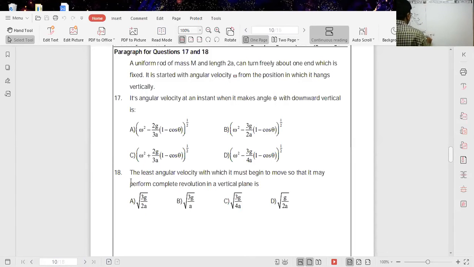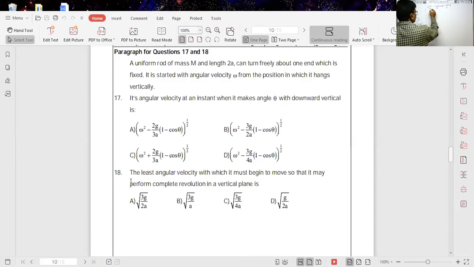So now you see here, ml square omega square by 6 minus mg L by 2 into 1 minus cos theta is equal to ml square by 6 into omega f square. Here m can be cancelled, and L and the square can be cancelled.